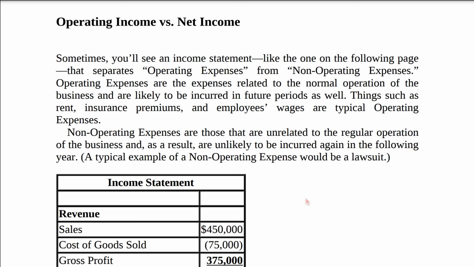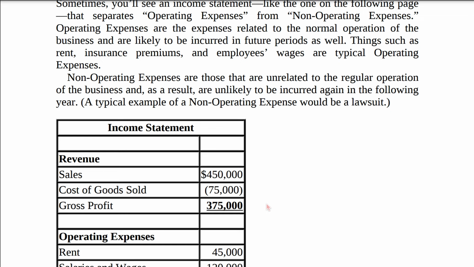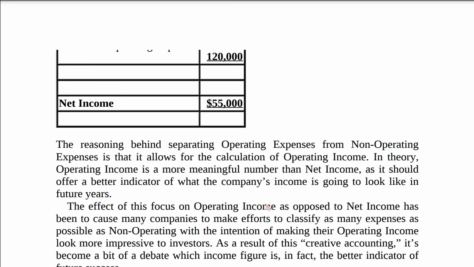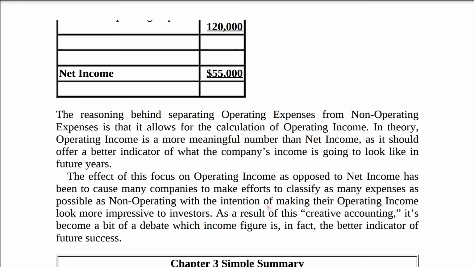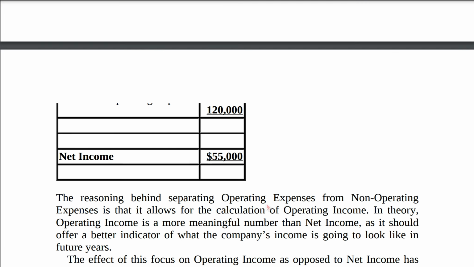But when the company is under lawsuit and the company is bearing expenses for legal proceedings, that will not be treated as operating expenses because it is a one-time ad hoc expense, so that will be treated as non-operating expenses. Okay, so this is the main difference between operating expenses and non-operating expenses.